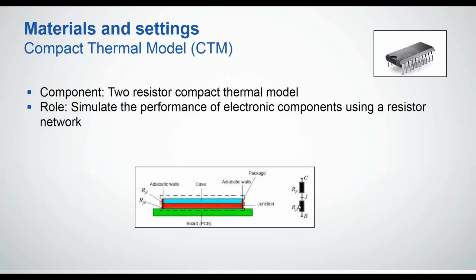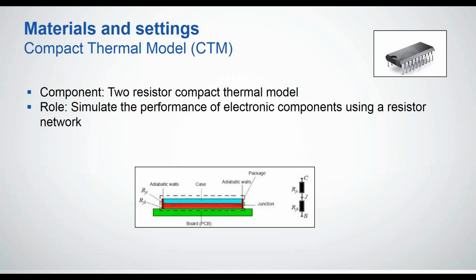In the 2 resistor compact model, heat transfer is only computed at 3 nodes, which are the case, the junction, and the board. The sides of a 2 resistor compact model, or the CTM, it's easier to say, are considered adiabatic. Only the case and the board sides allow heat transfer to their surroundings.